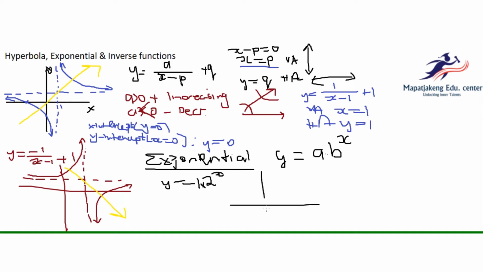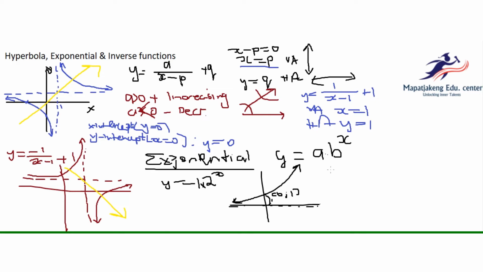Then our exponential graph, because a is positive, is going to be like this, and always cuts at 0 and 1, always, as our y-intercept, right? And the distance between this and the asymptote is always 1. The asymptote is on the x-axis, always there. Why? Because our a is positive, you see it's increasing.